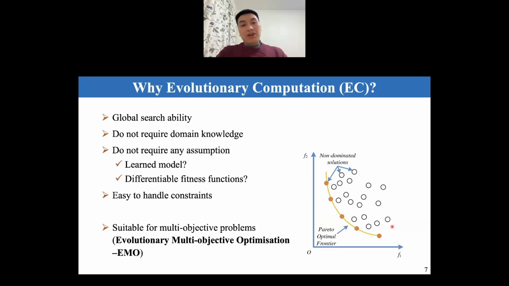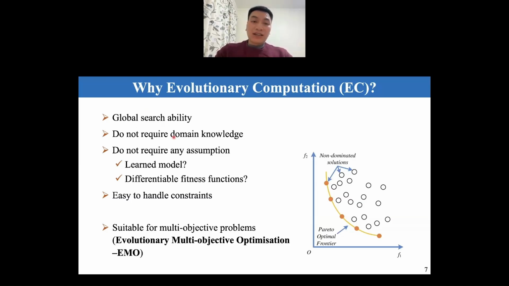The first thing is that EC is a population-based search family, which means that during a search, we have multiple solutions exploring multiple regions in the search space at the same time. That works particularly well with problems with a large search space like feature selection, because it has the potential to return the global optima in a large search space, and that's why we would like to use EC and EMO for feature selection.